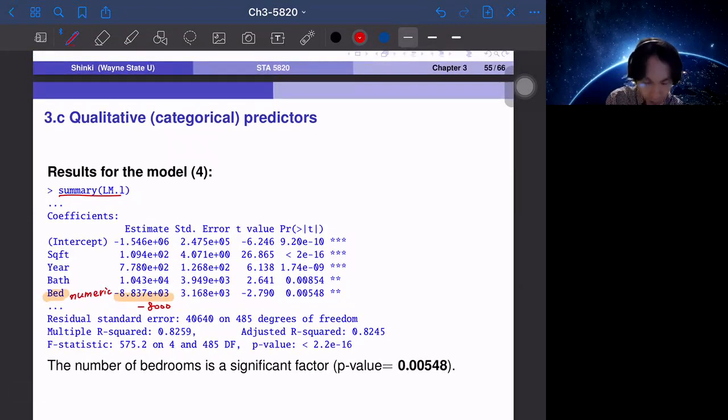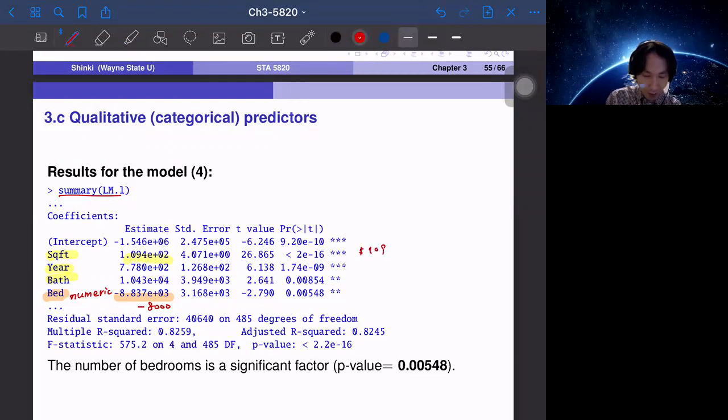So we regressed the price on square footage, year, number of bathrooms, and number of bedrooms. Larger house is more expensive. Newer house is more expensive. The more bathrooms, more expensive. The more bedrooms, more expensive. And in terms of that intuition, these 3 are reasonable. Square footage, 1 additional square foot, $109. That's pretty reasonable.